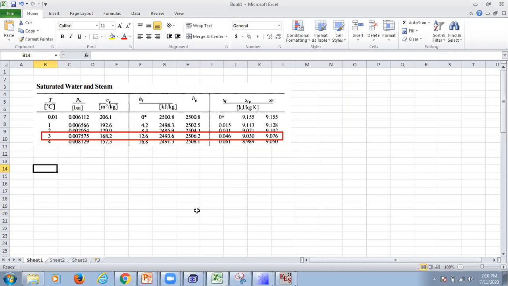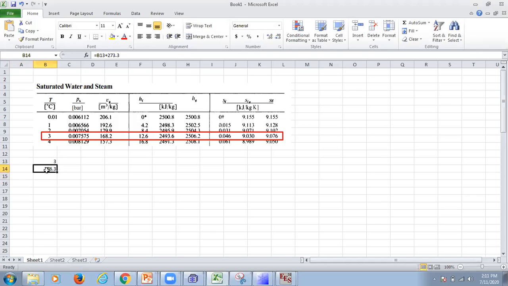So I will write the 3 degrees Celsius here. If we add 3 degrees plus 273, this is the corresponding Kelvin temperature.